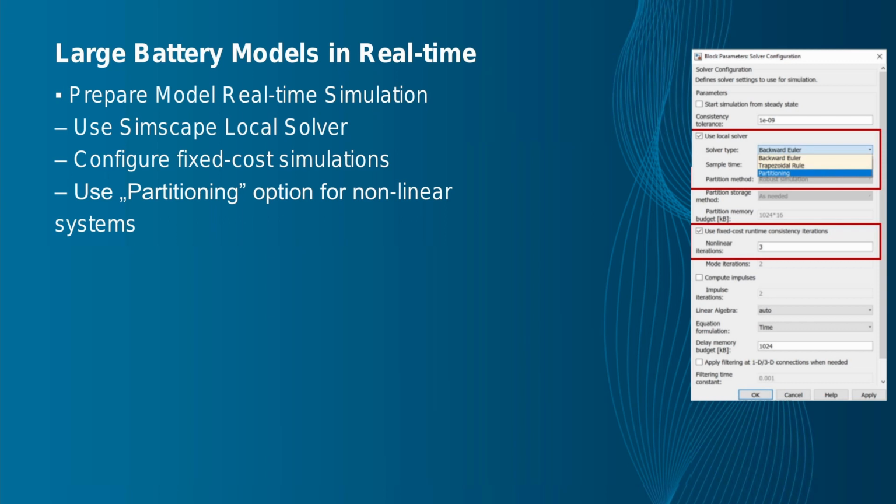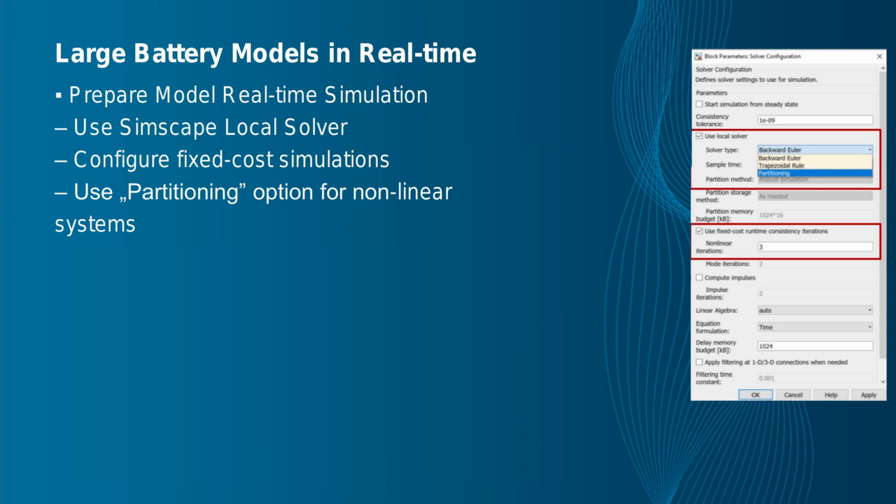For real-time simulation, overruns must be avoided, so when the execution time is longer than the sample time, it must be prevented. To do this, we run a fixed-cost simulation, limiting the number of iterations per time step.